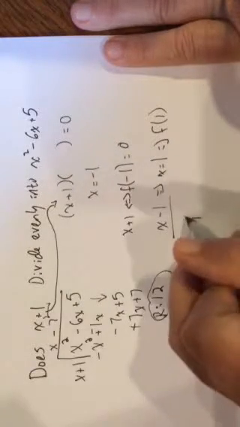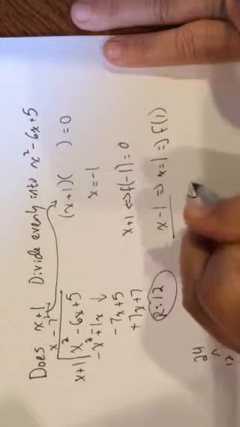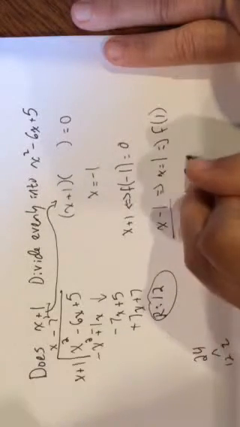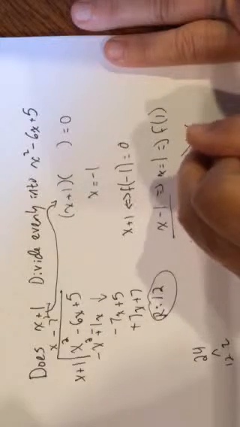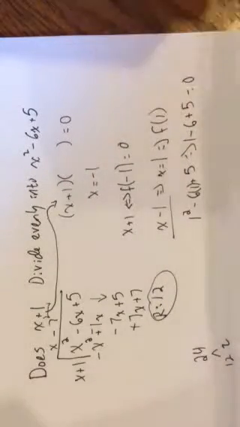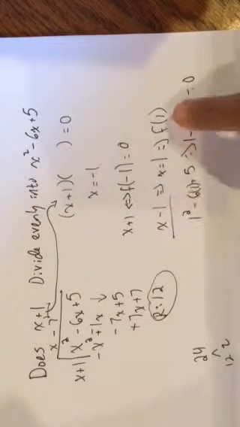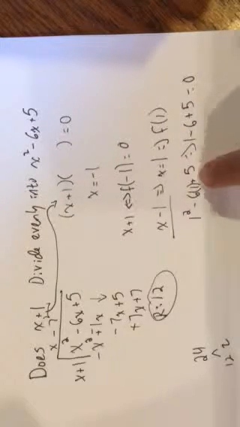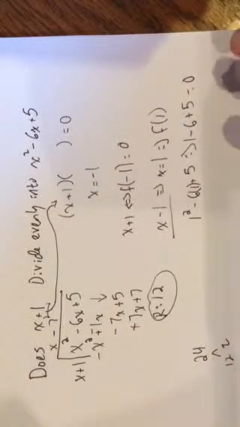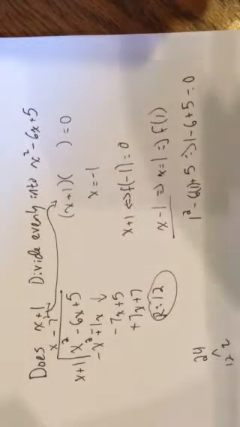And if I do that, 1 squared minus 6 times 1, would be 1 minus 6 plus 5. So yeah, that does equal 0, which means x minus 1 is a factor of x squared minus 6x plus 5, which we should have known, but it's one of the ways that we can check, and it's useful when we're trying to find factors.